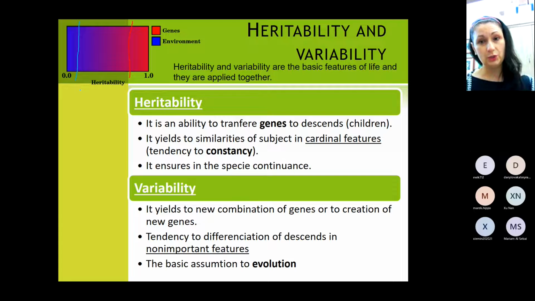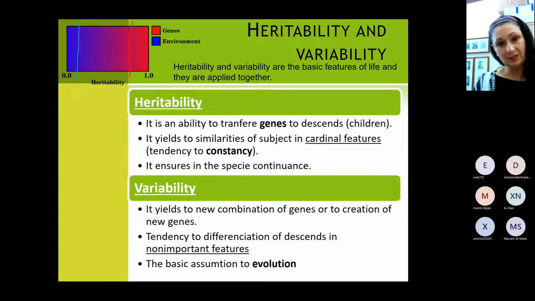Heritability is something which is constant, something which gives the species some continuance, yeah? Some similar features, the shape of the hand, for example. The human hand has five fingers.